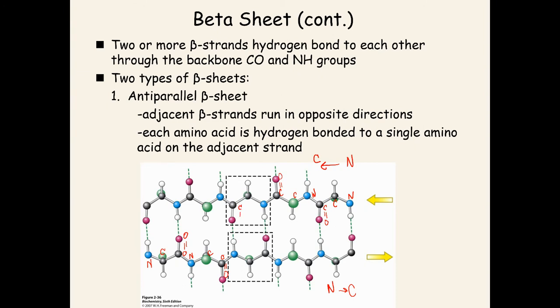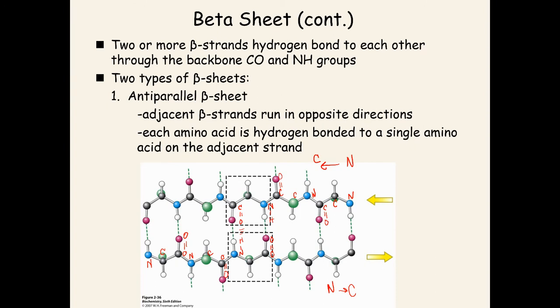Here you have the C double bond O hydrogen bonding to the NH group here. And on this one, it'd be the NH hydrogen bonding to the C double bond O. And this is going to keep the two strands in a secondary structure. It also creates what's called more like a sheet, right?